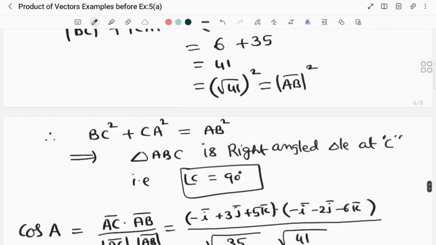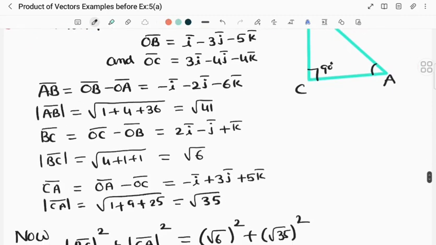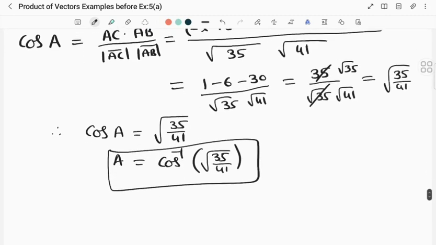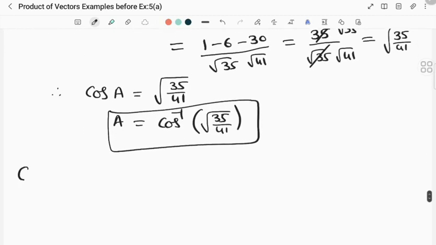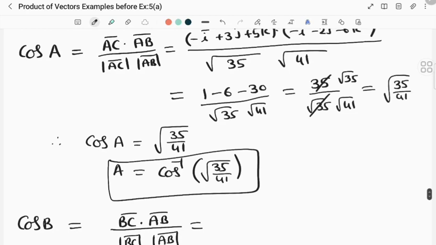Next, B is the angle between BC and AB. So cos B equals, directly I am writing, BC bar dot AB bar by magnitude of BC and magnitude of AB. So the dot product of BC and AB.